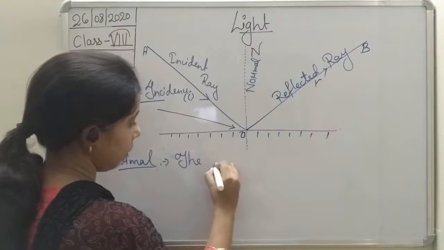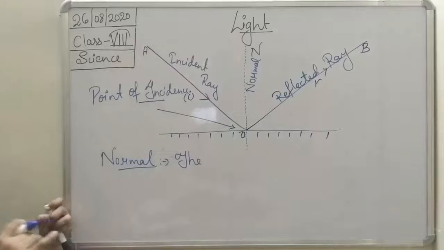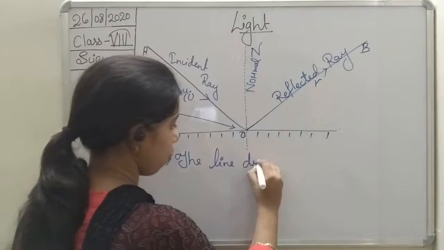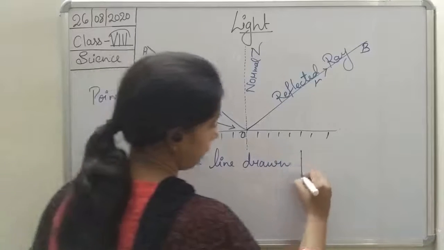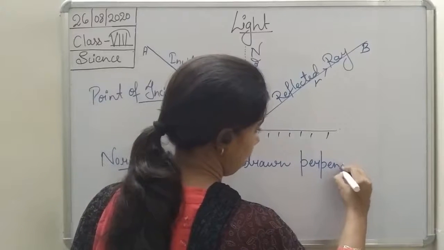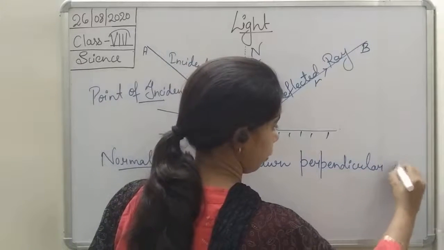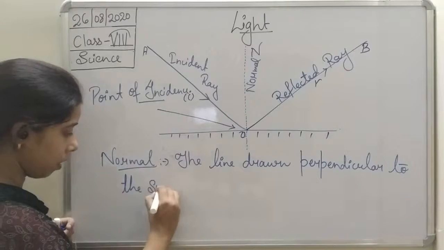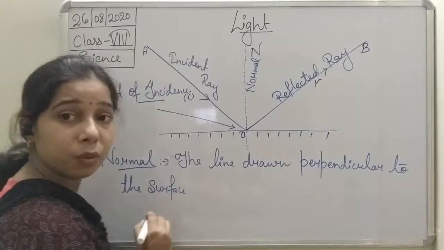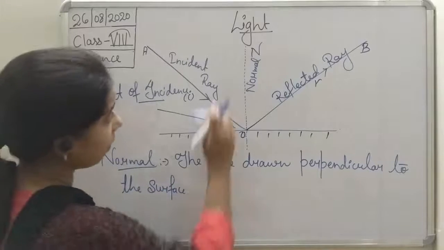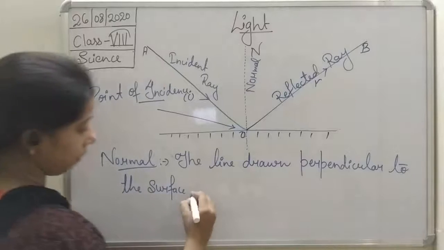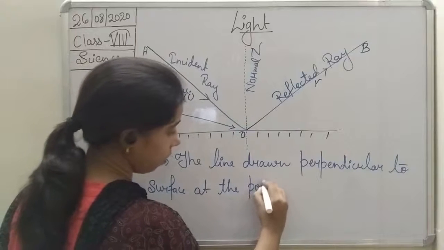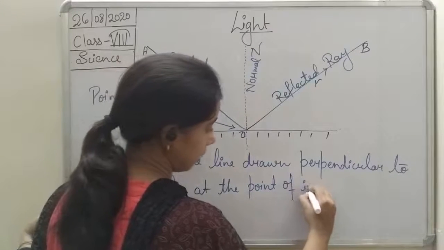The straight, perpendicular line drawn perpendicular to the surface at the point of incidence.